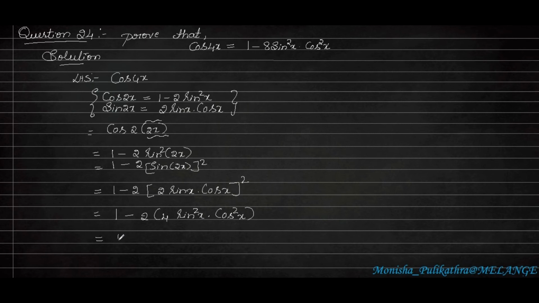So next, 1 minus 2 4s are 8 into sin square x cos square x. So whatever we need to obtain, 1 minus 8 sin square x cos square x, we got it. So this is equal to cos 4x. Write it down, hence proved.